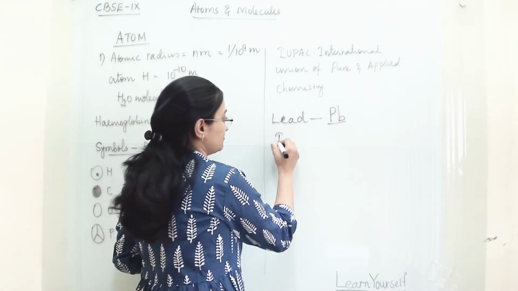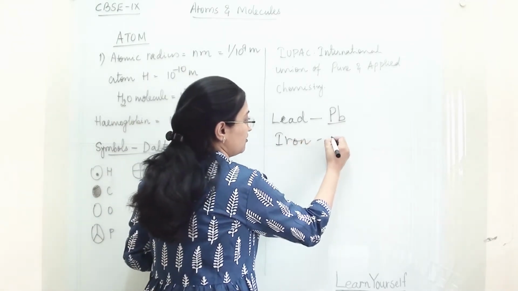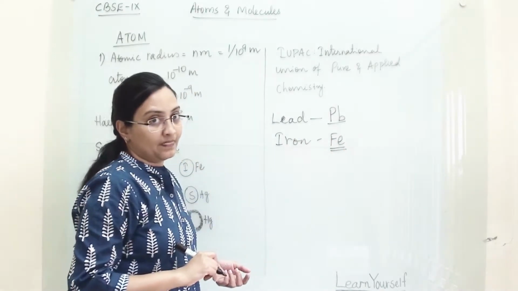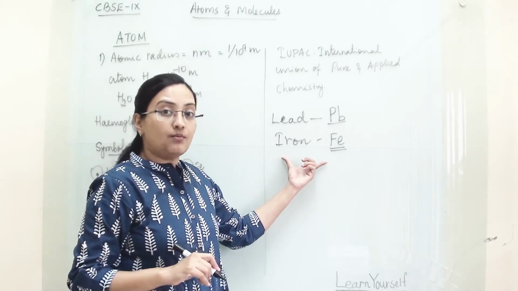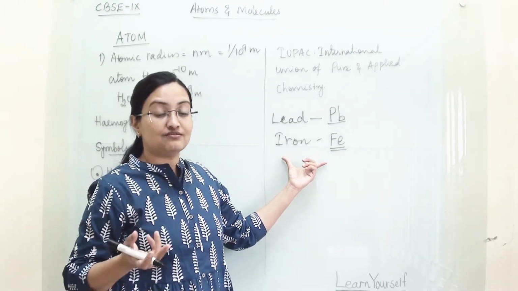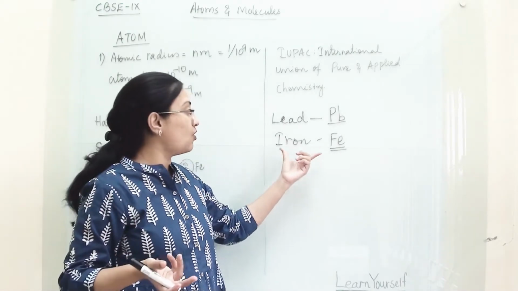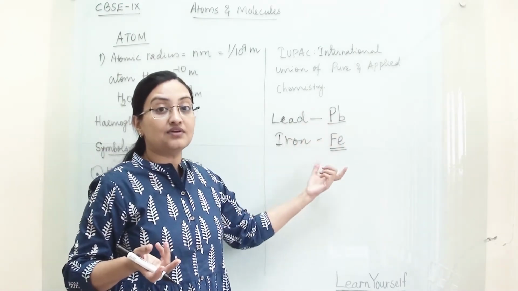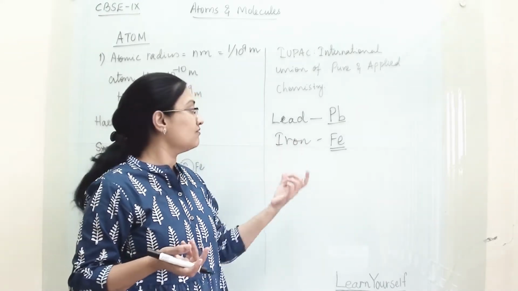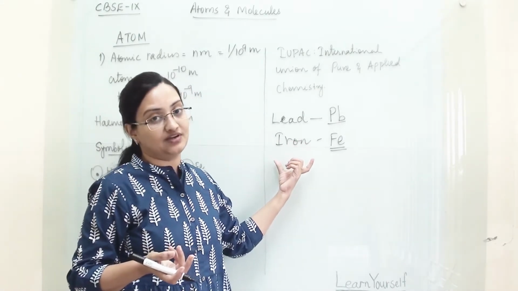Iron is ferrum, so the symbol is Fe. So it depends upon the scientist, the area, the continent or the region where it has been discovered. All these things come into focus when we are giving a symbol or a name to an atom.